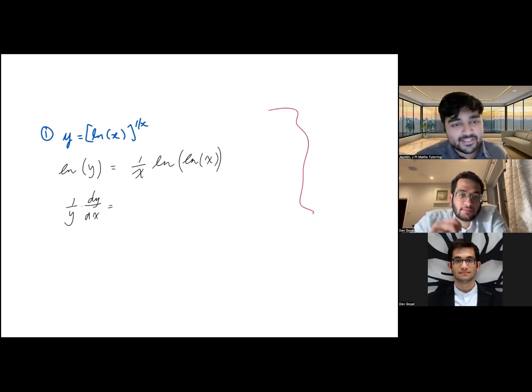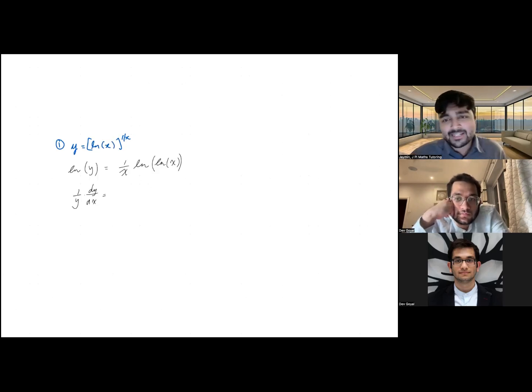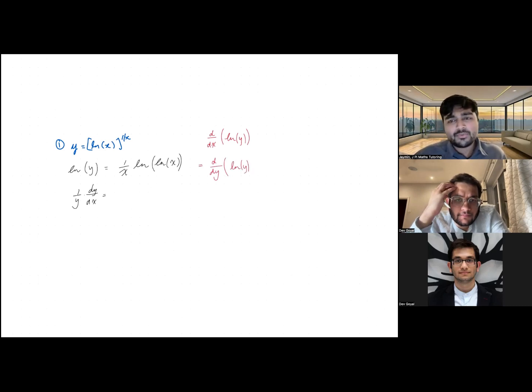Okay, cool. On the left-hand side, what am I exactly doing? I'm trying to do the derivative with respect to x of ln y. Implicit differentiation is just a fancy way of saying a particular application of the chain rule. I can't quite just change the x to a y, but the chain rule says I can take the derivative with respect to y of ln y and multiply by dy/dx.